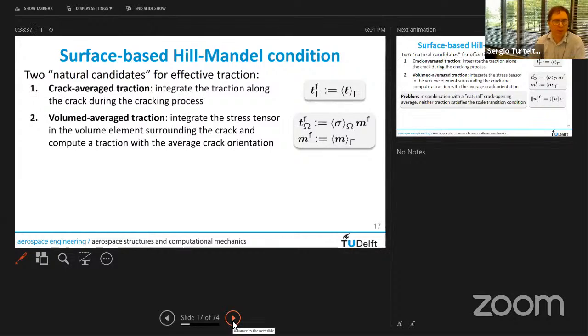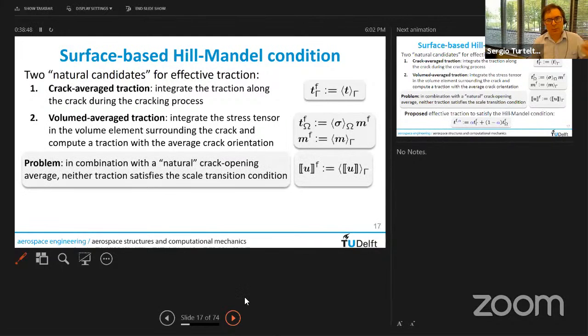By doing so, we could then think in terms of one of those two perhaps being the right way to think about the traction. As I said on the previous slide, the problem is that if we define the crack opening as the average, and I combine that with this definition, which is an average, I will not satisfy the surface-based Hill-Mandel condition.